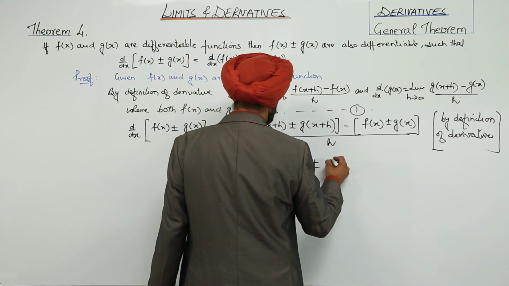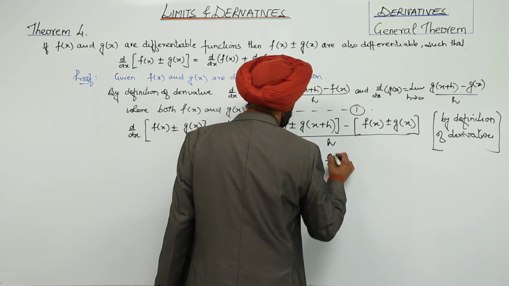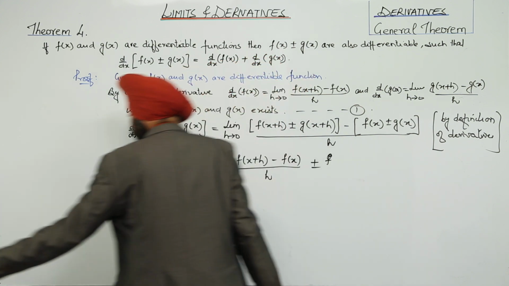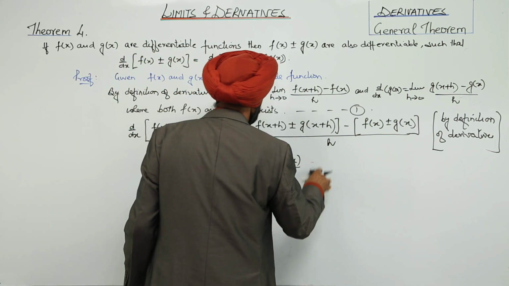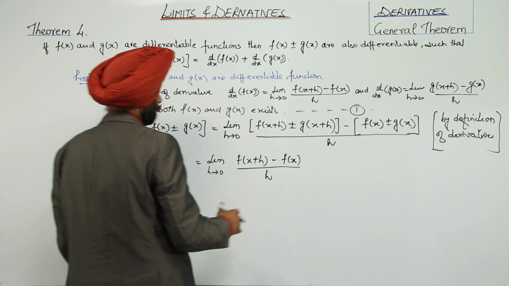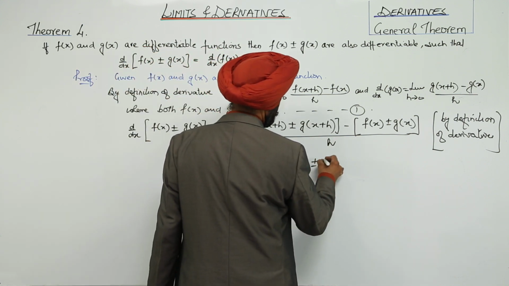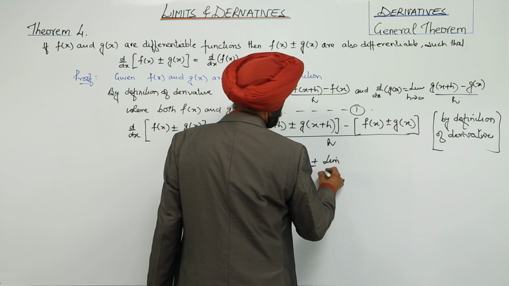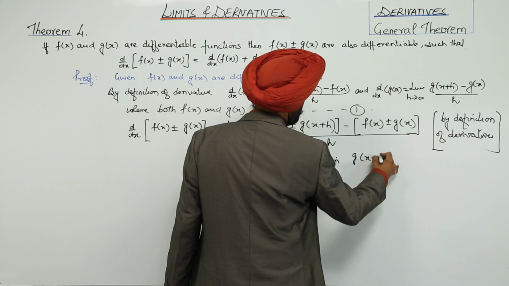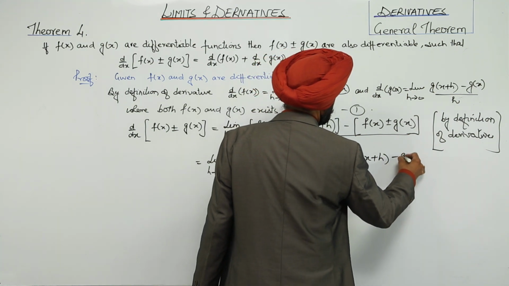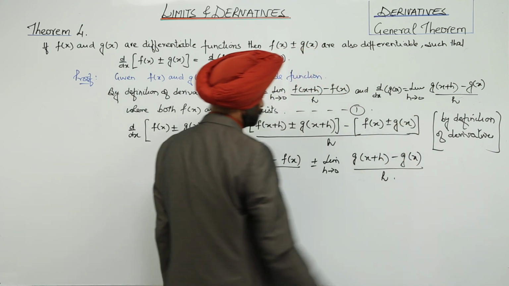So we are having limit h approaches 0 of g(x plus h) minus g(x) upon h.